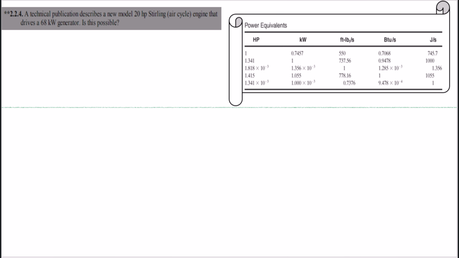Let's go to the next question. This question says that a technical publication describes a new model 20 HP. HP stands for horsepower. A Stirling or air cycle engine that drives a 68 kilowatt generator. Is it possible or not? We must convert this and then compare it with this. 20 horsepower must be in kilowatt unit. 1 horsepower equals 0.7457 kilowatt.